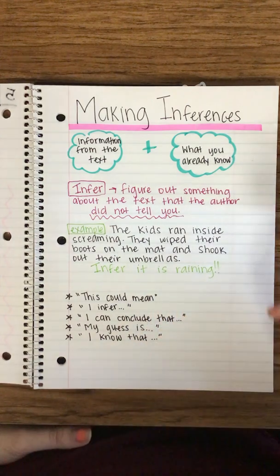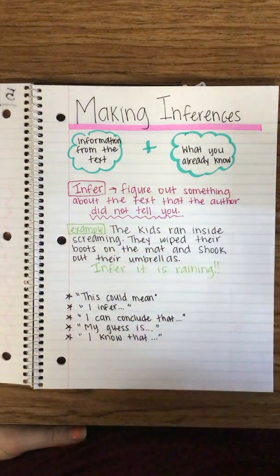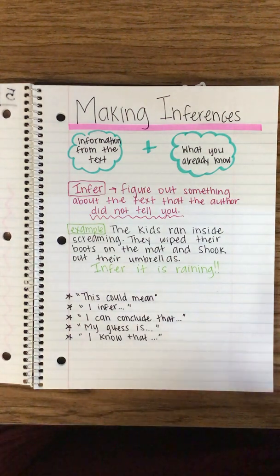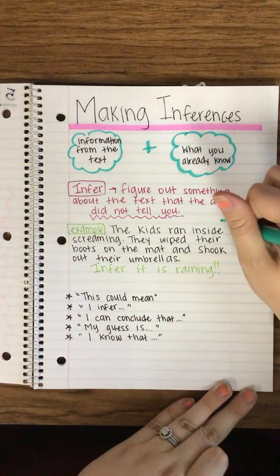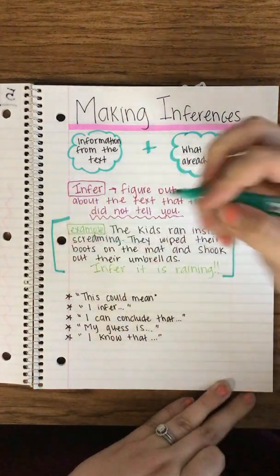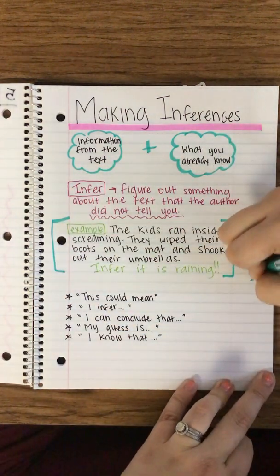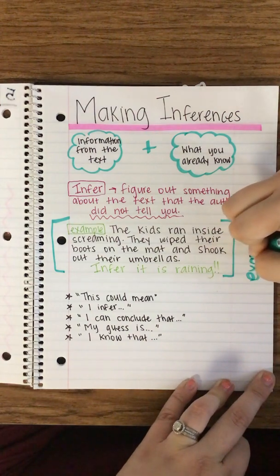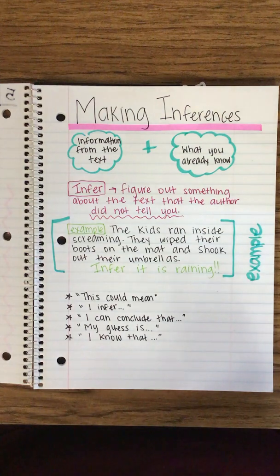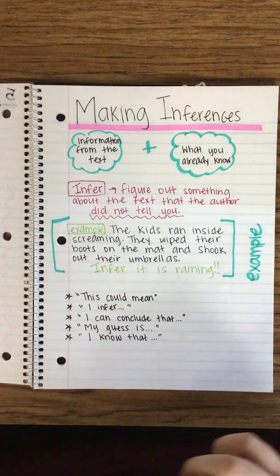So for example, I know that you have umbrellas and boots when it's raining, so I infer that it's raining in this story with the kids. Again, this was my example over here. Okay, and these are sentence starters down here.